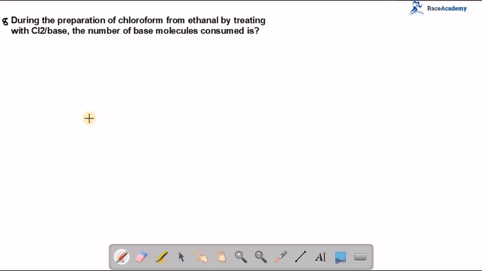See the next question. During the preparation of chloroform from ethanol, by treating Cl2 with base, the number of base molecules consumed is. For that, you must know what exactly is ethanol. What is ethanol? Ethanol is nothing but acetaldehyde.